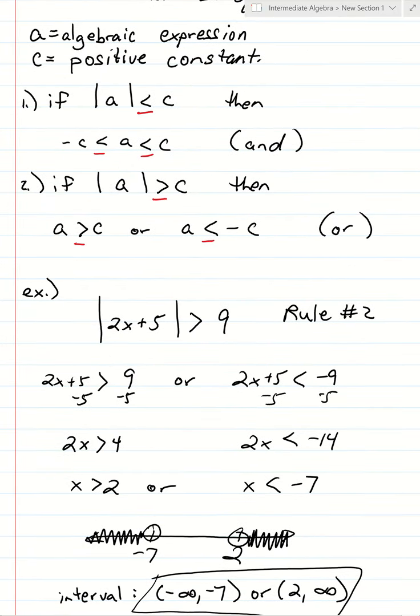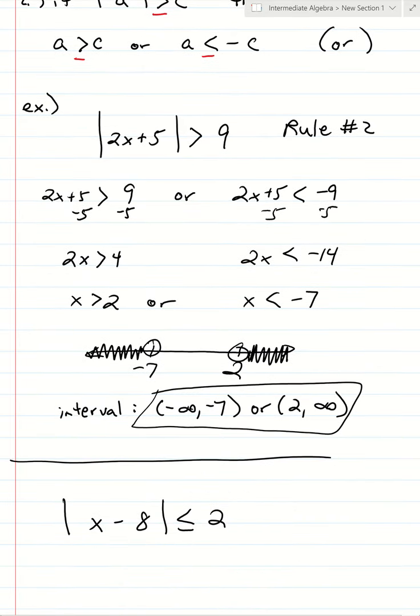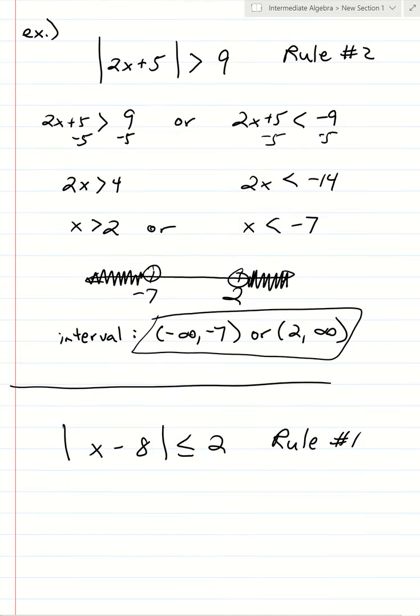If we look carefully at the two rules, since the absolute value is less than or equal to the constant, we're going to have to use rule number 1. And rule number 1 tells me to take the opposite of the constant, negative 2, is less than or equal to x minus 8, and x minus 8 is less than or equal to a positive 2.